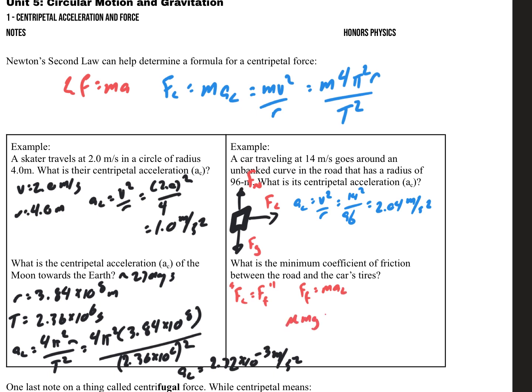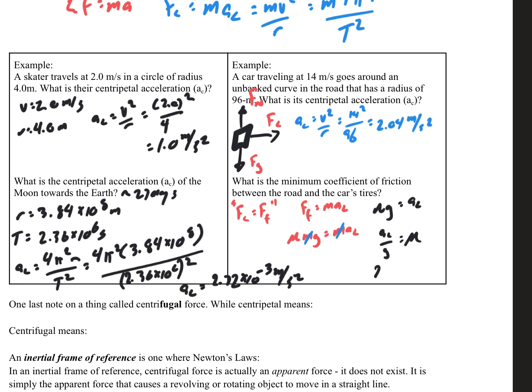Notice that the masses cancel, giving mu g equals a sub c. Solving for mu, a sub c over g equals mu. Then I plug everything in and divide to get about 0.21 as the coefficient of friction needed to keep the car on the road.